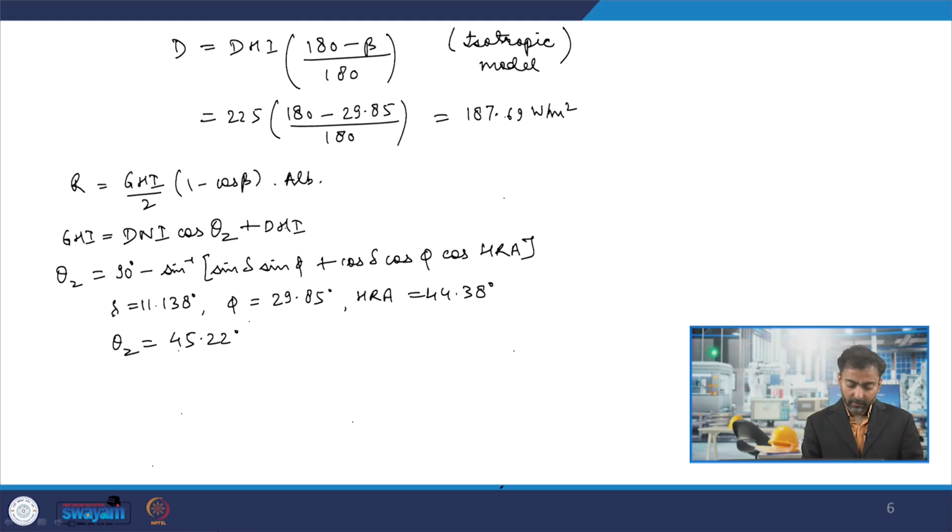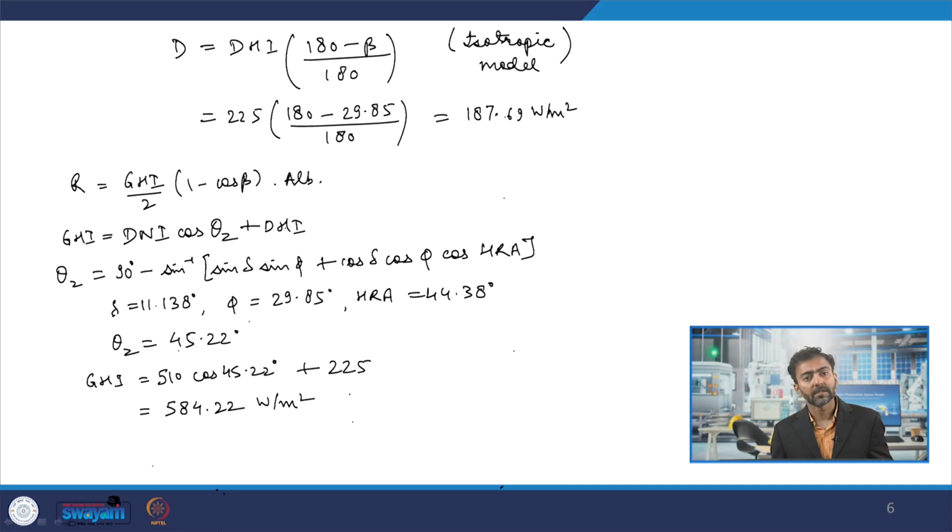Now, putting this in the equation of GHI, we have GHI equal to 510 multiplied by cos of 45.22 degrees plus 225, and this comes out to be 584.22 watt per meter square.